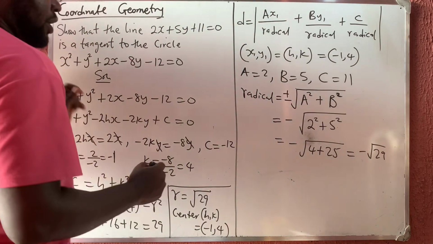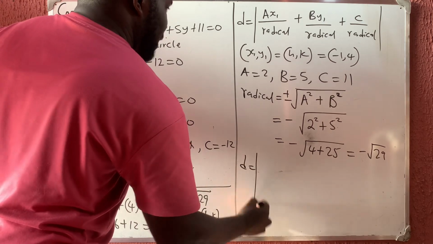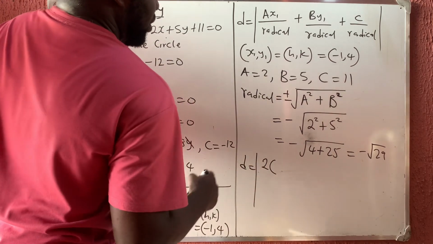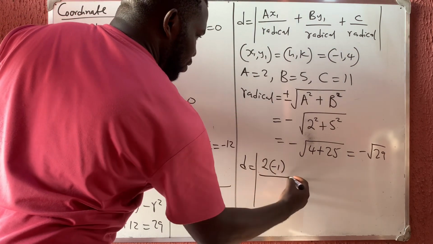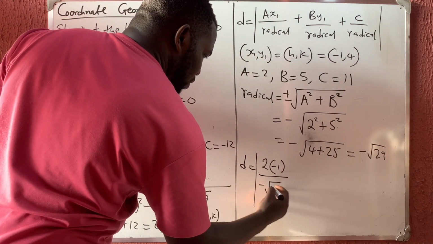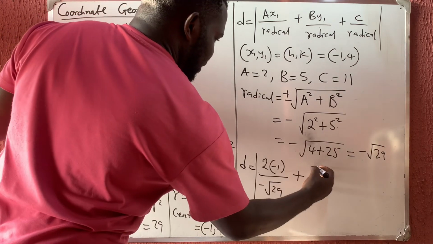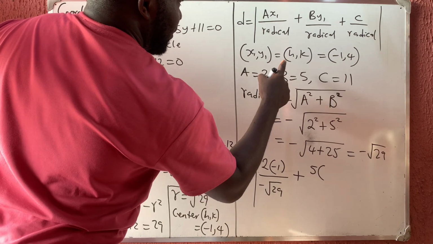Right, so now let us substitute. We now have that d is equal to the absolute value of my a, which is 2, times my x1, which is h, which is -1, all over the radical, which is minus the square root of 29, then plus my b, which is 5, in bracket of my y1, which is k, which is 4 there.